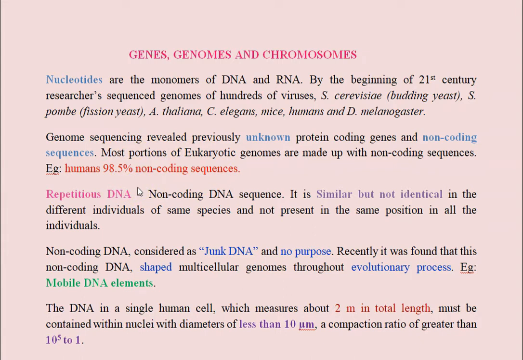So why is it formed like this? What is the use of non-coding sequence? At the earlier times, when they found there is a lot of non-coding sequence in the human genome, they thought it was junk DNA. Okay, so let me discuss that. This non-coding DNA also contains repetitious DNA.